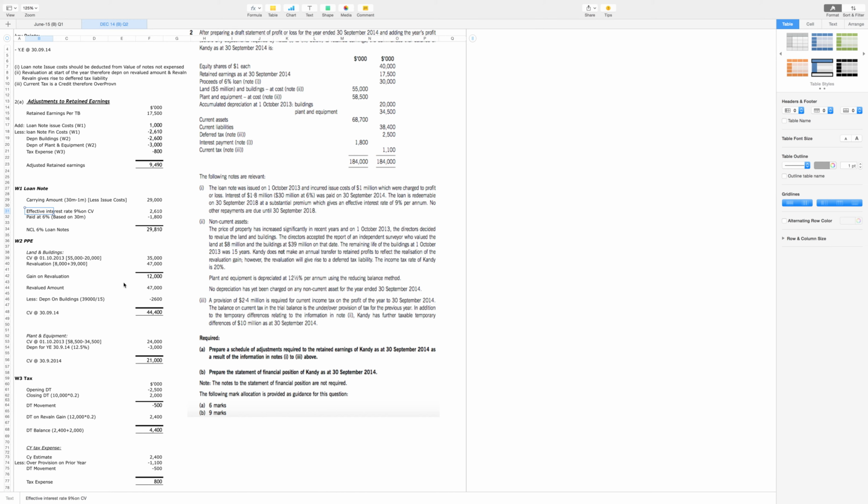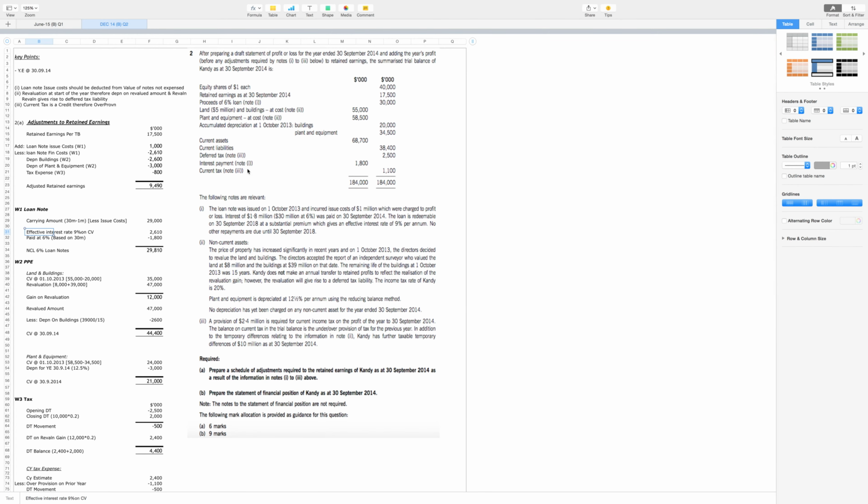So starting with land and buildings, as discovered here, we have two values up in our trial balance which tell us overall our land and buildings at cost were 55, and at the 1st of October, so the beginning of the year, we had accumulated depreciation of 20 million. So we know our carrying value is 35 million at the start of the year.